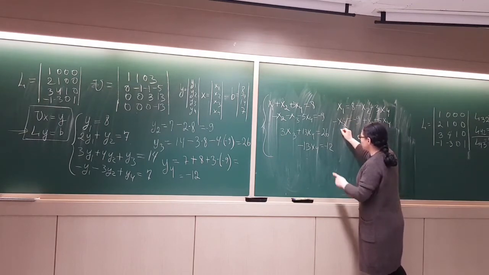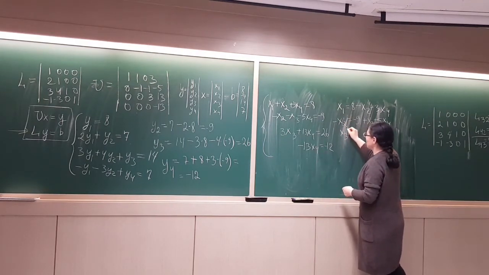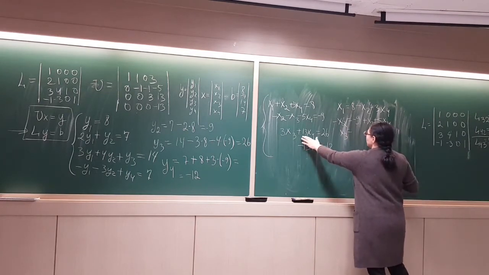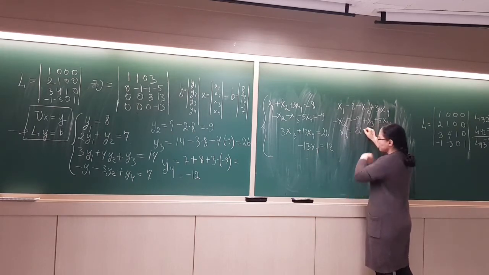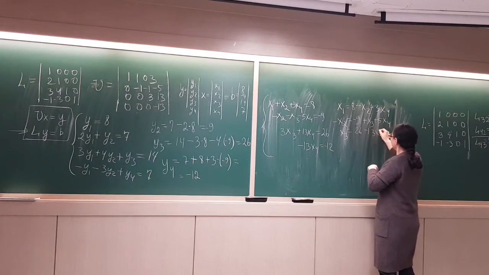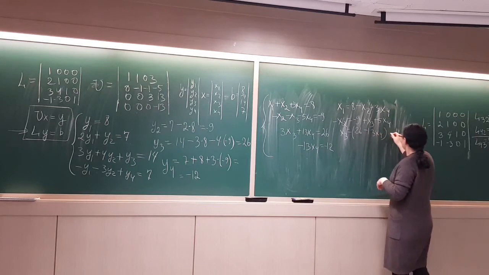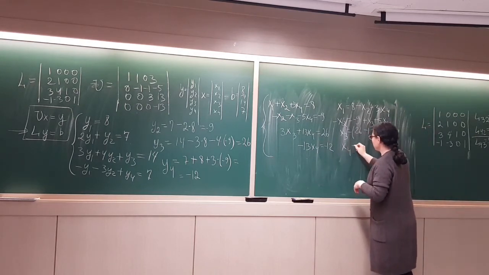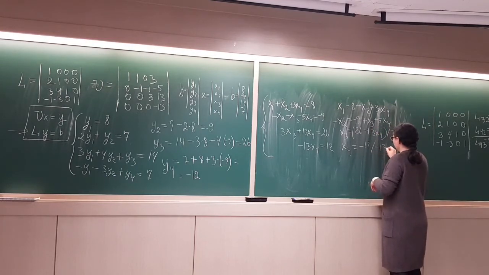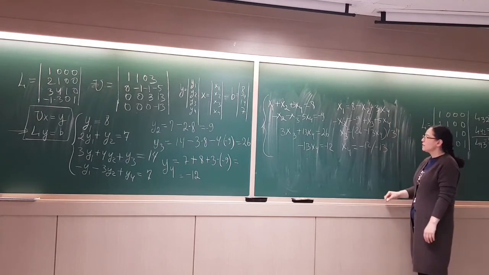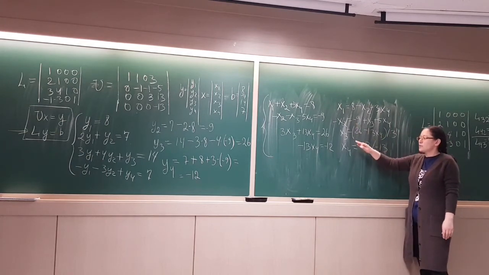And from this 3 x3, we find 26 minus 13 x4 divided by 3, and x4 is minus 12 minus 7. From here we find x1, x2, x3, x4.